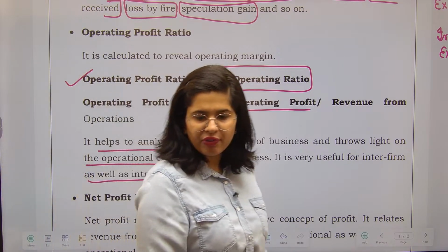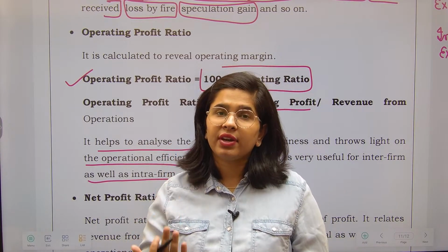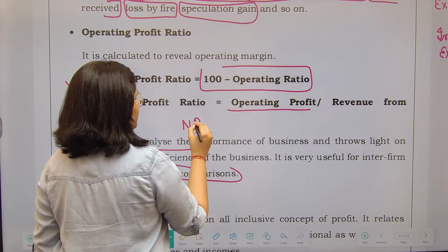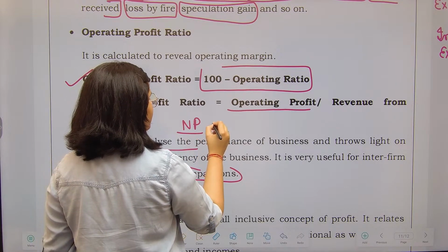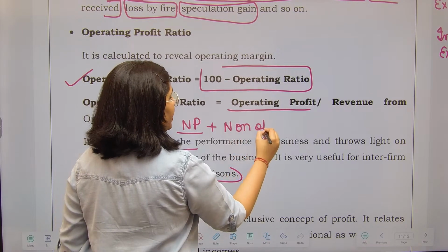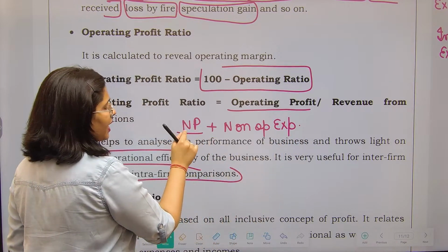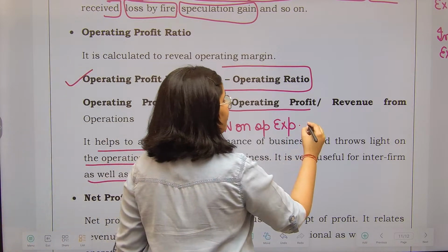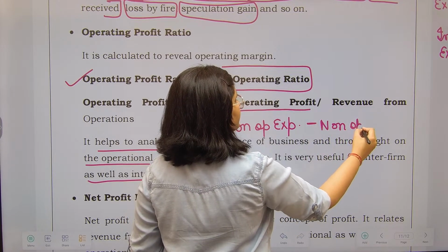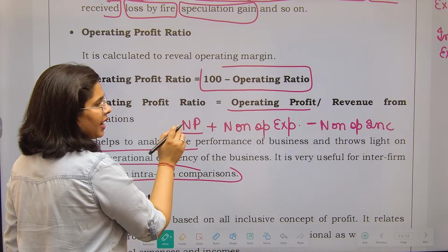Now, how will operating profit be calculated? Out of your total profits, suppose I have been provided with net profit. What will I add back? I will add back non-operating expenses that have already been deducted while calculating net profit, and I will deduct the non-operating incomes that would have already been added in the net profit.